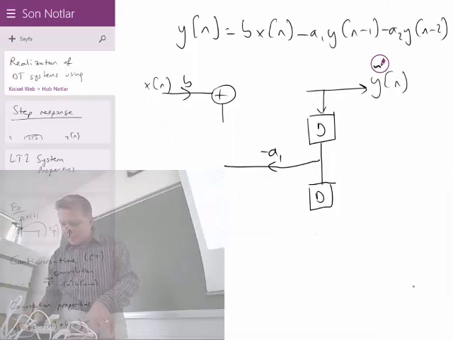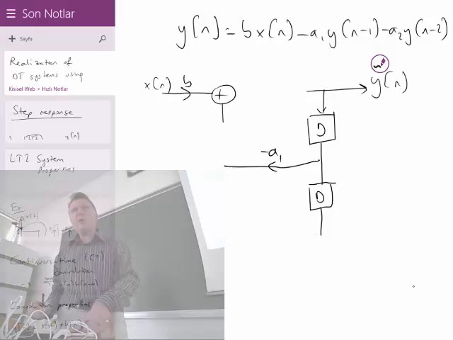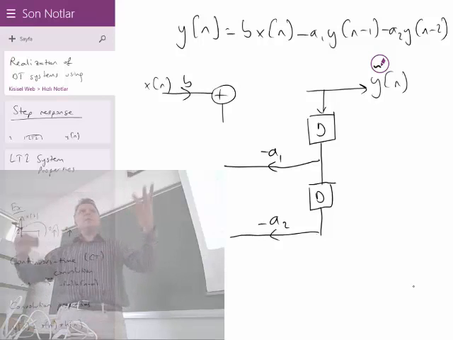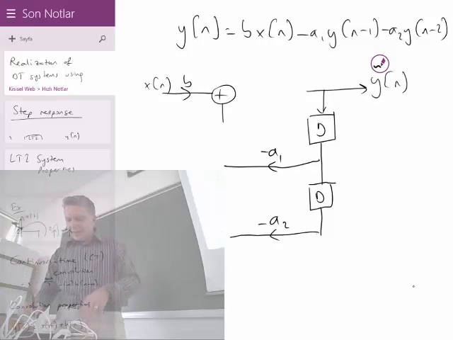Okay, and here what do we have? We have y of n minus 2. That y of n minus 2 is scaled by minus a2. Those things must be added all together, and the graphical way of adding them up is like this.